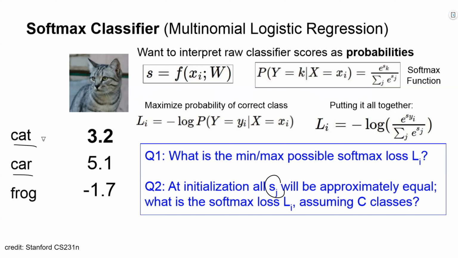Without any training, it will say cat 1/3, car 1/3, frog 1/3. I'm not sure. That's what our classifier is going to do in the beginning of the training process. So that is what question 2 is about. And if that is the case, what is the softmax loss, assuming we have C classes? Think about these problems on your own, and then move on to the next part.